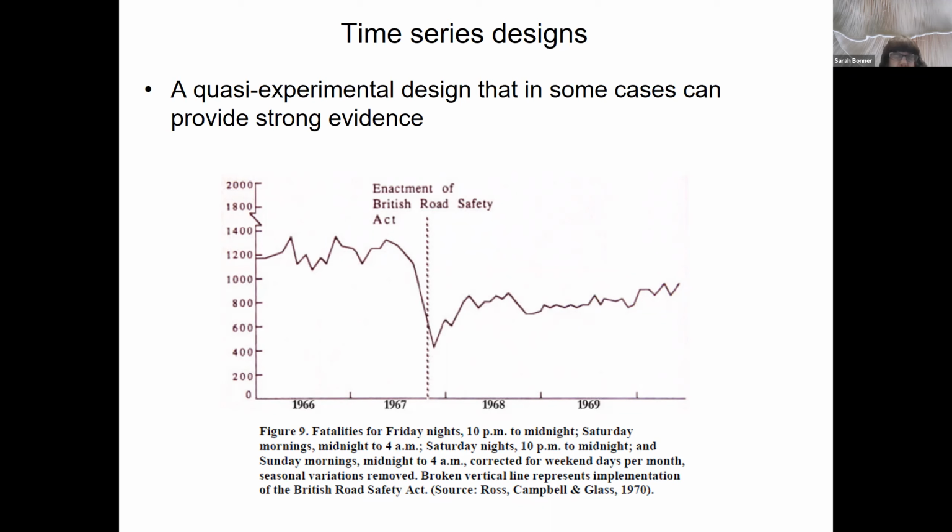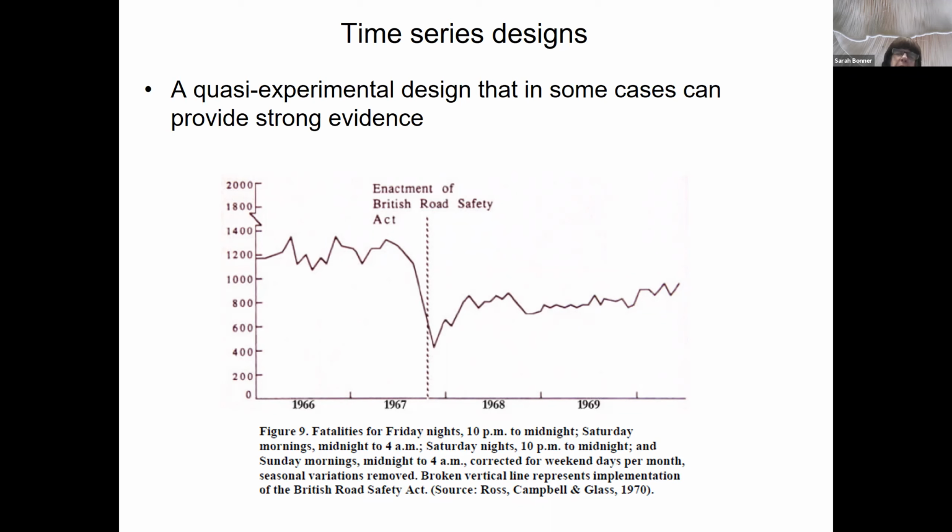It had something to do with pub closings. I forget all the details of this, but the purpose is thinking about the design of it. And in fact, in many ways, this wasn't designed. It's the analysis of what we call a naturally occurring experiment.